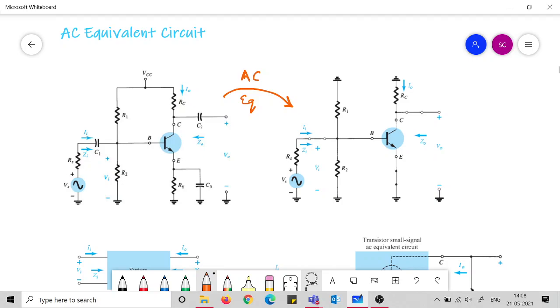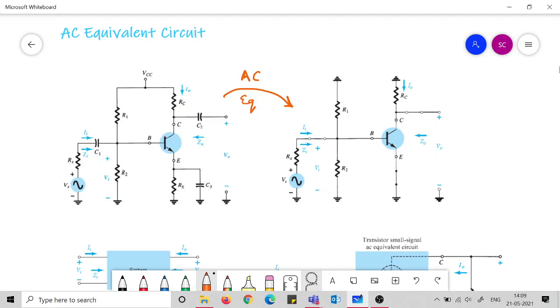However, when we are doing the AC analysis, we are treating the DC level to be 0. You see here in this equivalent circuit, the DC source voltage is grounded. So we are treating it as if there is no DC, and only the AC signal analysis we are doing.